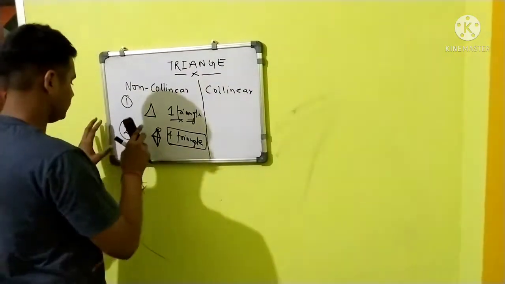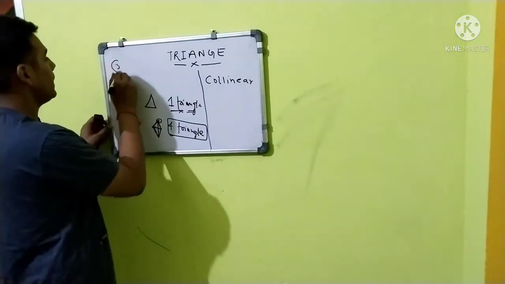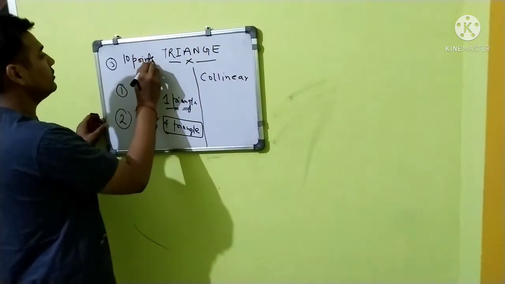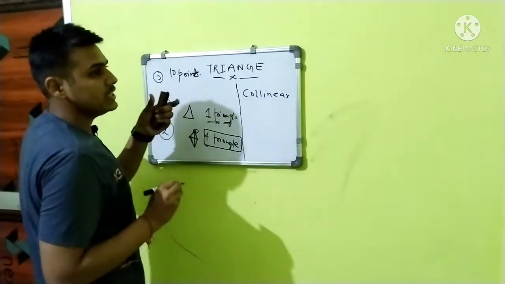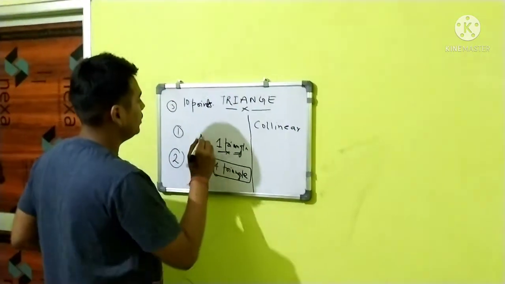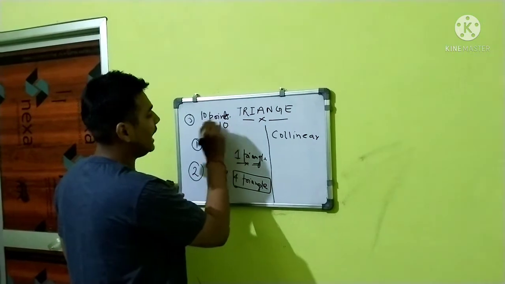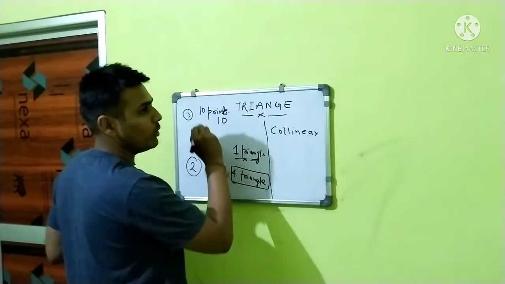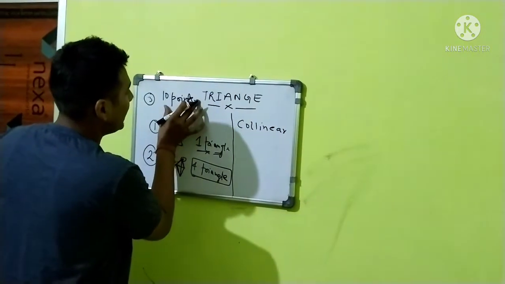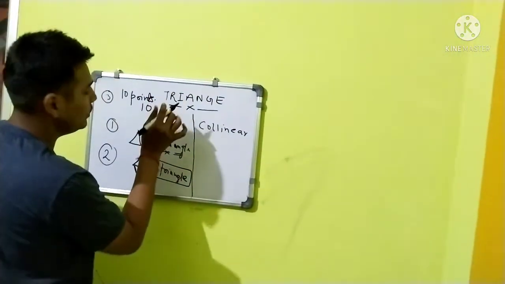Let us see. Suppose 10 non-collinear points are given. How can you draw the triangles? Whether 10 points or 12 points are given, it does not depend, but to make a triangle we need at least 3 points.